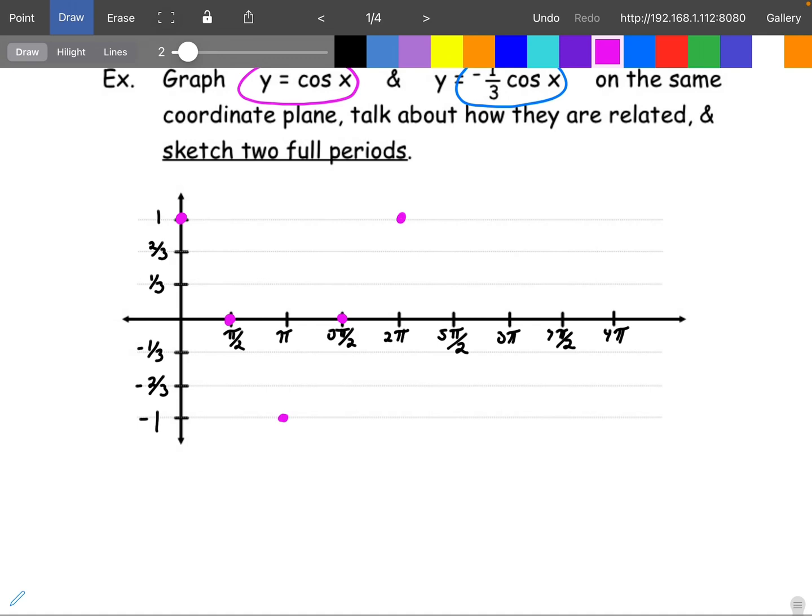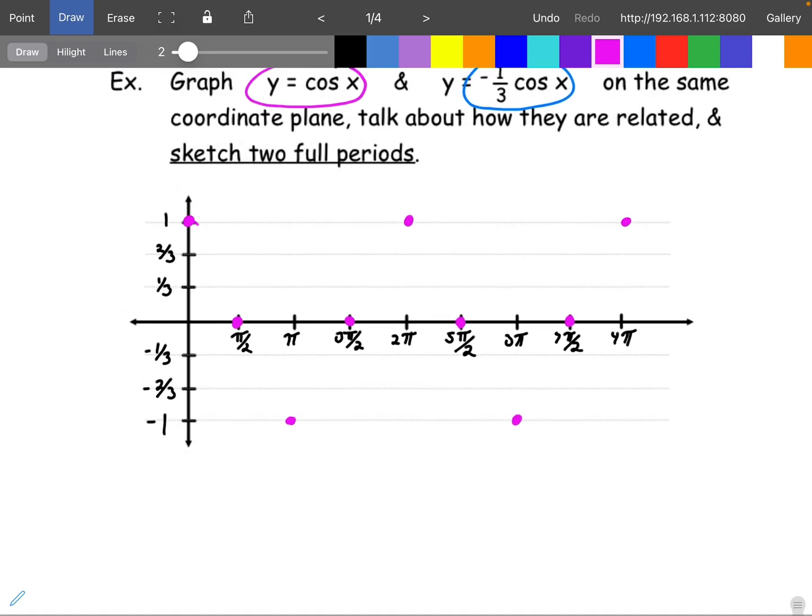Now we need to do the second full period, which is going to go back to 0, back down to -1, back to 0, and then back up to +1. And so we're going to graph these with our nice smooth curves, which is easier said than done sometimes. Okay, so there's the basic cosine function.